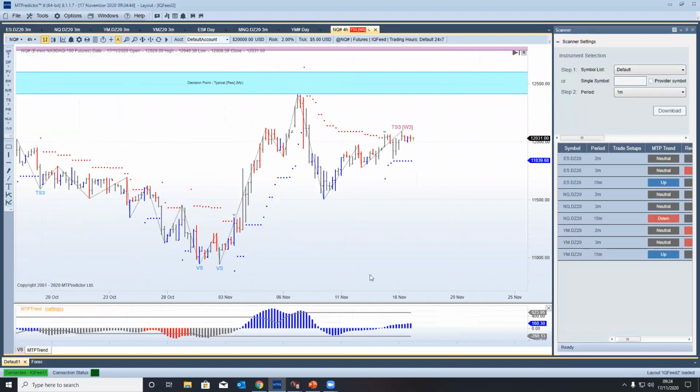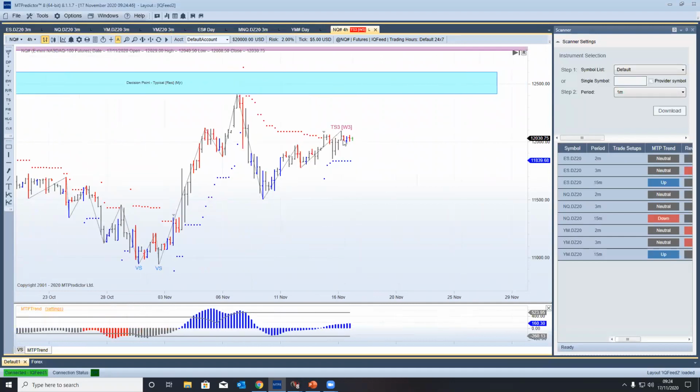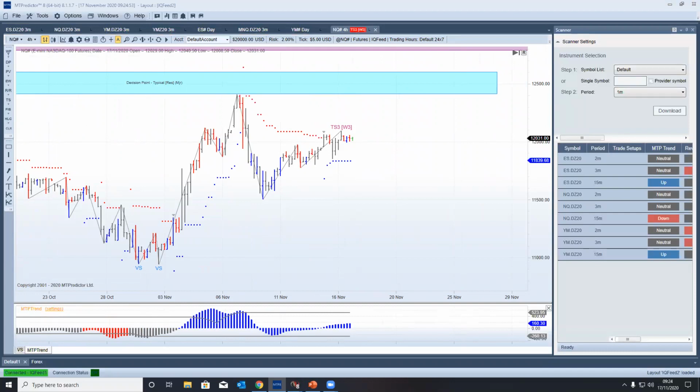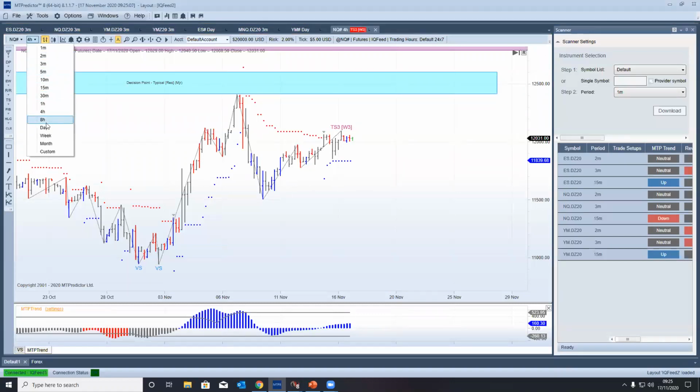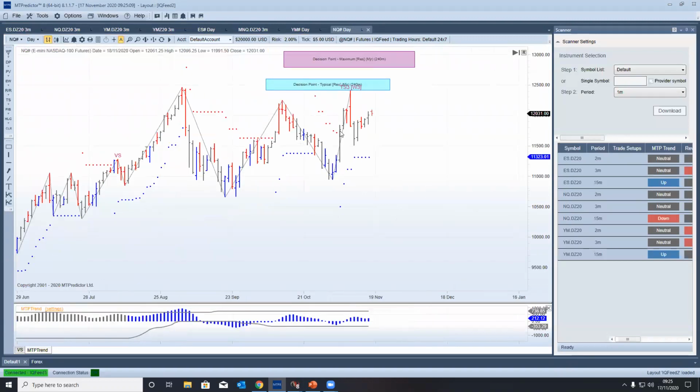Even though MTP trend is blue, there's your rally back up on a 4-hourly chart. Yep. It could be at a wave 2 or B. You're absolutely right. So that wave 2 or B looks like it might be subdividing down there on the 4-hourly chart. If you go to the daily, we'll have to wait and see, but definitely worth watching, that is.